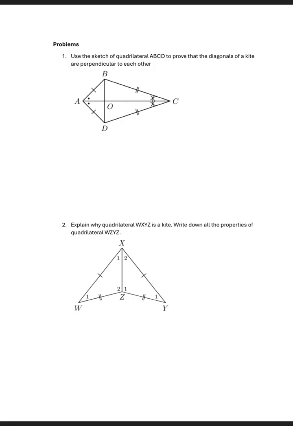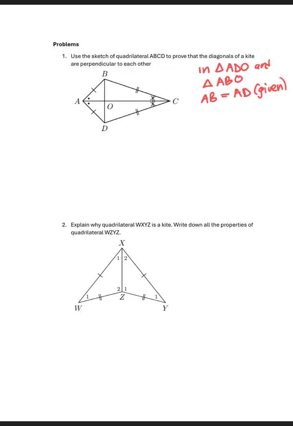So you're going to start by saying in triangle ADO and triangle ABO, AB is equal to AD, given.